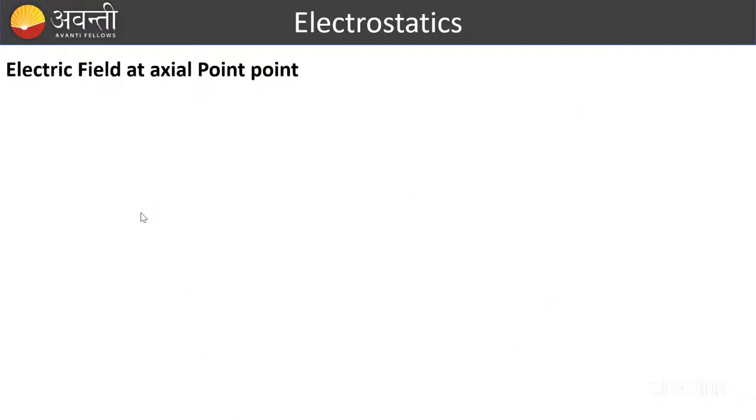Let's say this was our dipole. Here there was a minus q charge and here a plus q charge, and then there was a point P here. So this is your P cos theta line. Because of P cos theta, what is the electric field at point P?